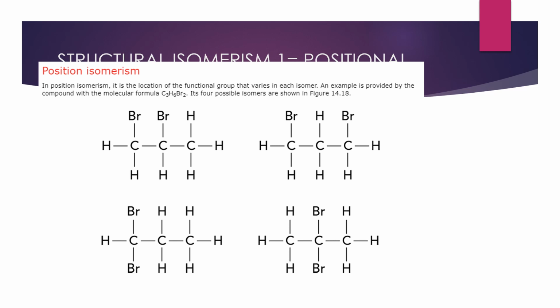Position isomerism. Here we have some examples of substances. We have 3 carbon atoms with single bonds. So this is an alkane where 2 hydrogen atoms are substituted by bromine. So the group of the compound is halogenoalkane.